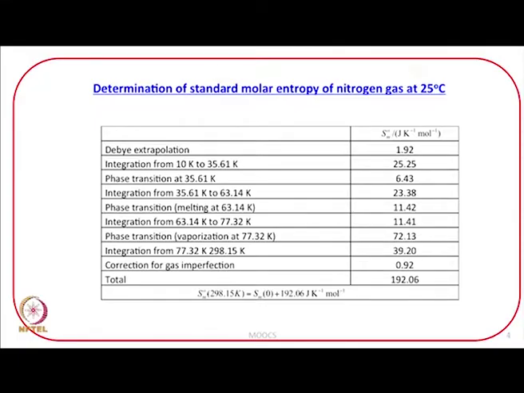You will study in another topic why this gas imperfection correction is required, basically due to the failure of hard sphere model. The total value, when added, the molar entropy at 298.15 K comes out to be 192.06 joules per Kelvin per mole.